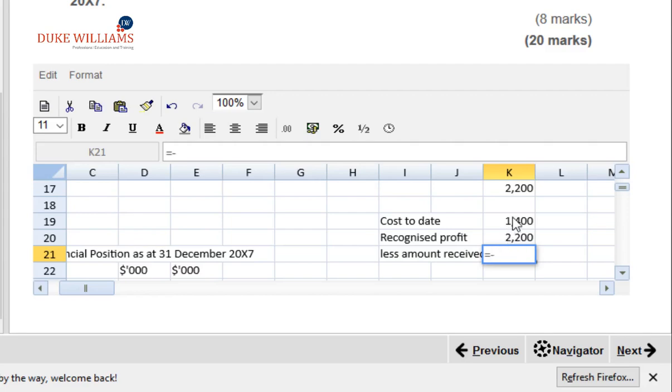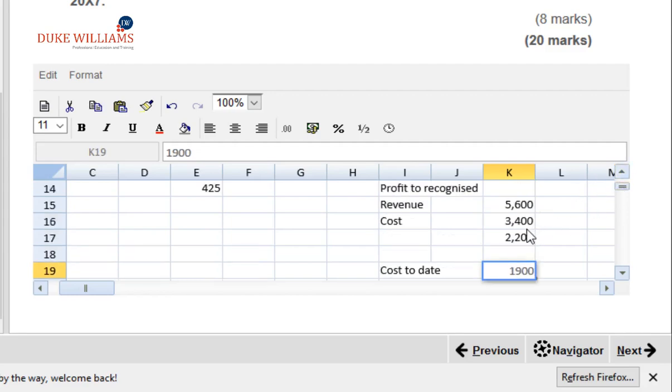Okay, sorry, the cost to date, some error here. Let's correct that. The cost to date is 1,009. Let's correct that here, and you see the beauty of the spreadsheet, which is different from the paper.